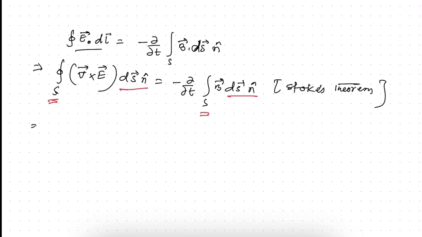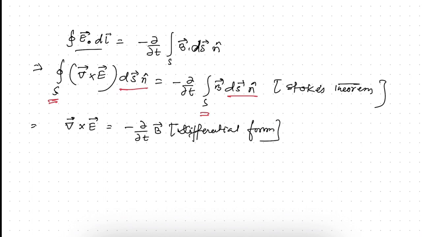So comparing left and right hand side, we're gonna get curl of E is equal to negative partial derivative of B with respect to t, right? So this is the differential form. So again, to convert this differential form to integral form, just reverse the order of the steps. This is step first, then next this one, next this one. Okay. So hope you have understood this.